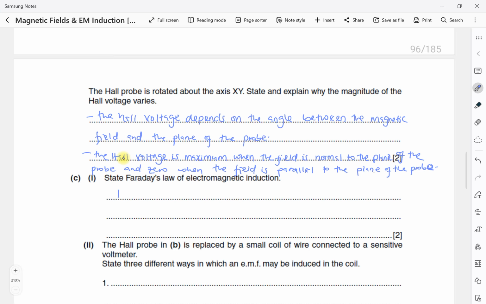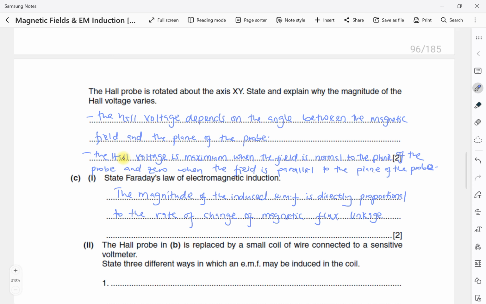We say that the magnitude of the induced e.m.f. is directly proportional to the rate of change of magnetic flux linkage.